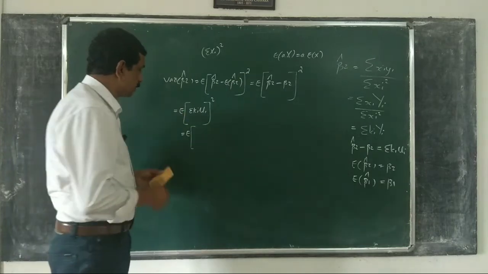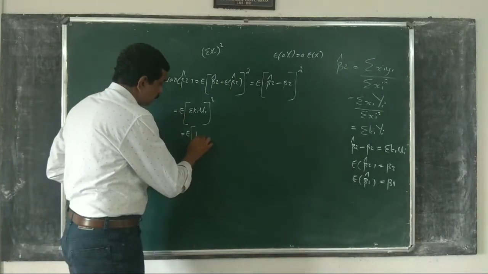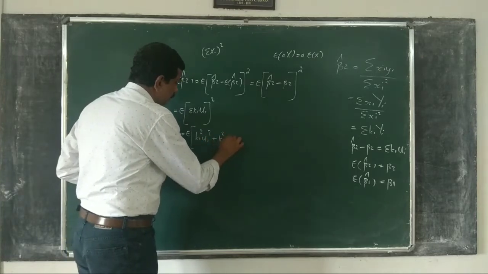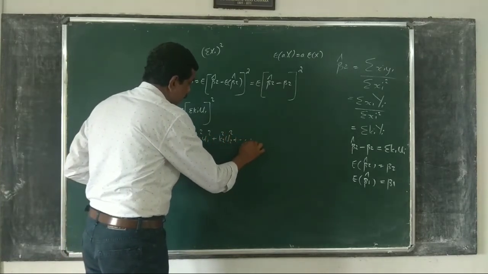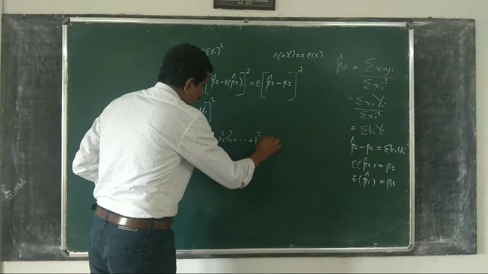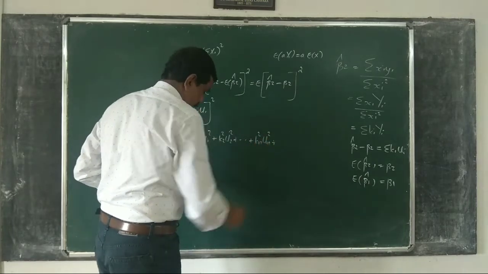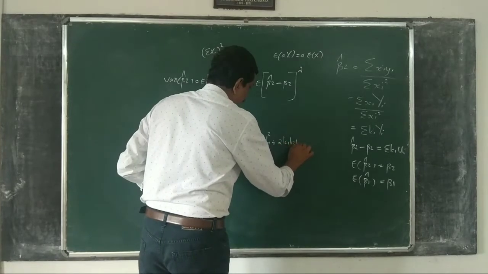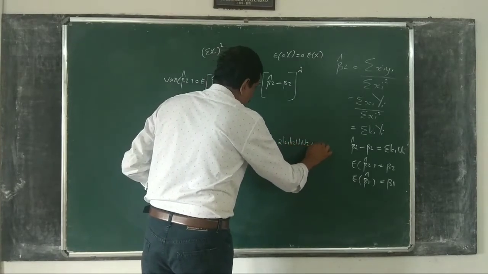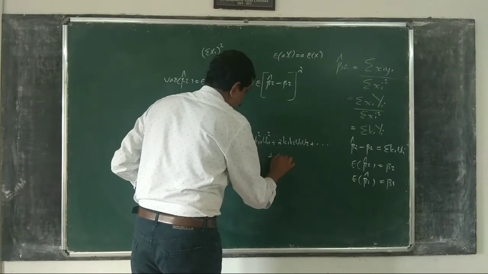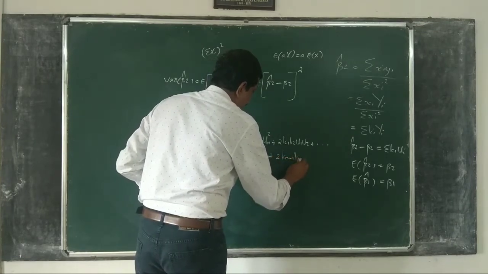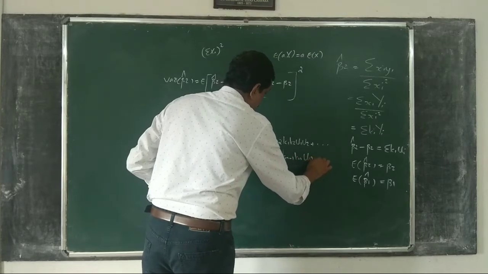So expanding this, you will get k1 square u1 square plus k2 square u2 square plus etc. kn square un square plus 2 k1 k2 u1 u2 plus etc. plus 2 kn minus 1 kn un minus 1 un.